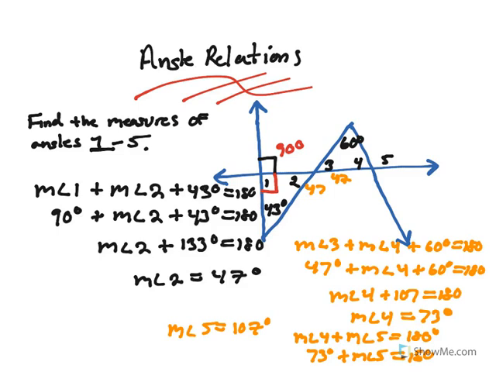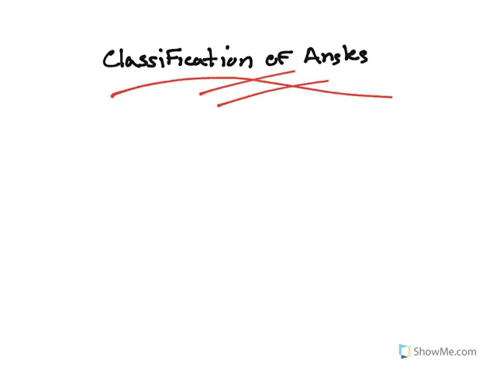Okay? So just one more thing. I want to talk briefly about the classification of triangles. So the first one is the acute triangle.